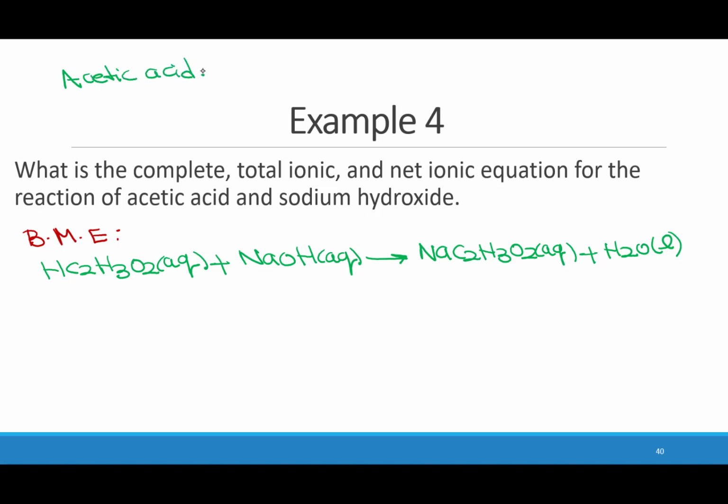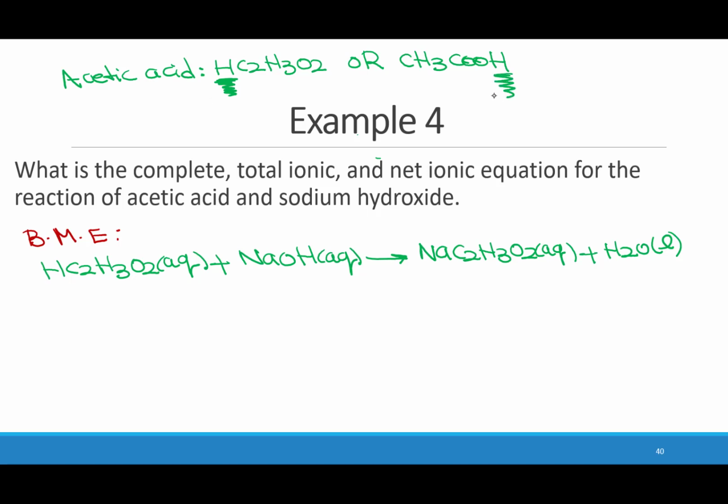For acetic acid, there are 2 different ways of writing the molecular formula. One is this, or the other, and whichever you write is correct. Here, this is the hydrogen and that's the hydrogen.